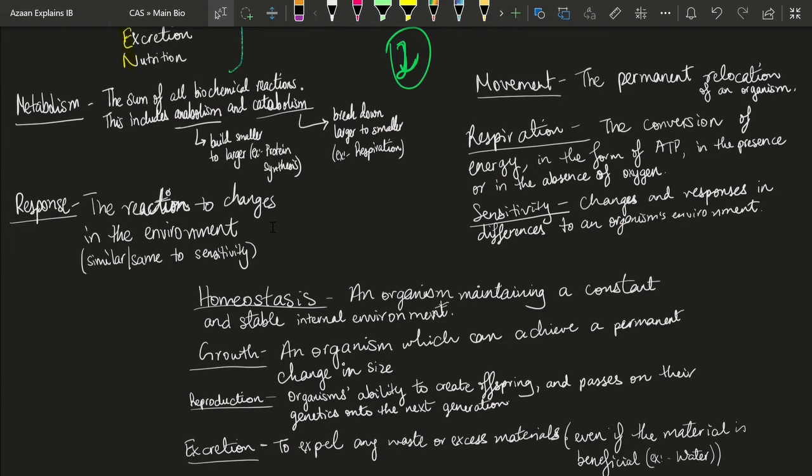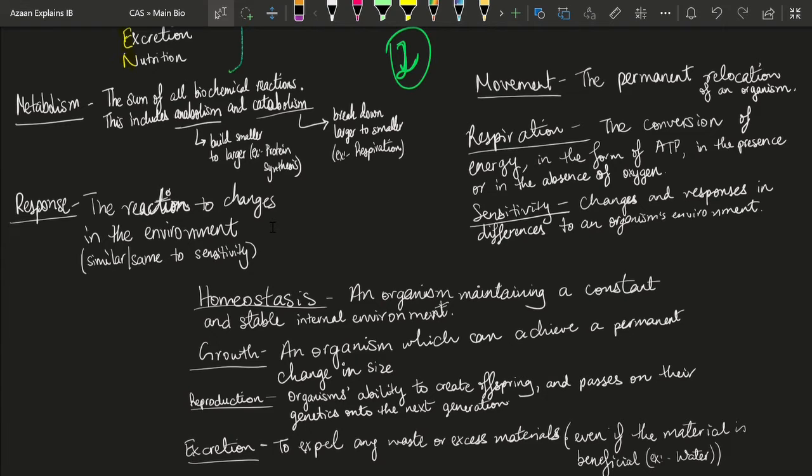So protein synthesis is when small amino acids come together to make proteins, and those proteins come together to make cells, and so on. And respiration is literally taking a glucose molecule, which is this very complex C6H12O6 molecule, and breaking it down into simple molecules like CO2 and water.